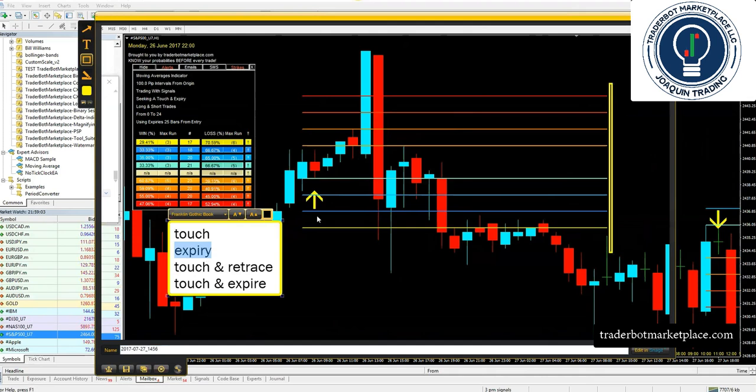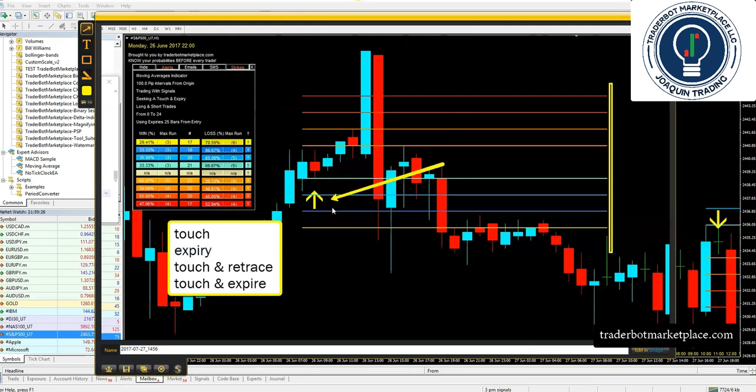For a touch and retrace, okay, we'll talk about touch and expire. We'll talk about touch and retrace after. For a touch and retrace, price will open at the open of the bar, and it may come down here, touch it, and then retrace to close above that area.